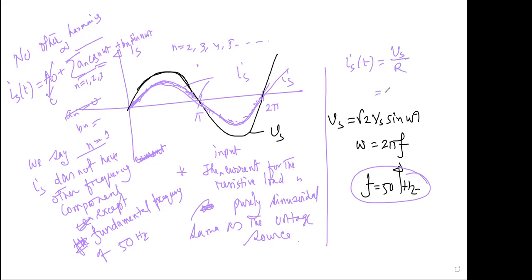Yes, sir. So root 2 Vs by R sine of omega t. There is no phase displacement. I hope you have understood what I am trying to tell you. Any question?